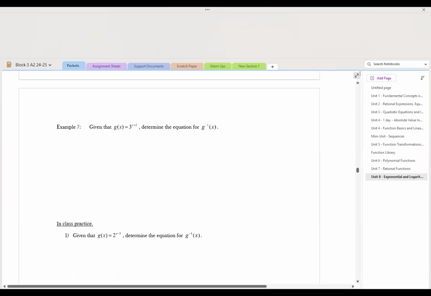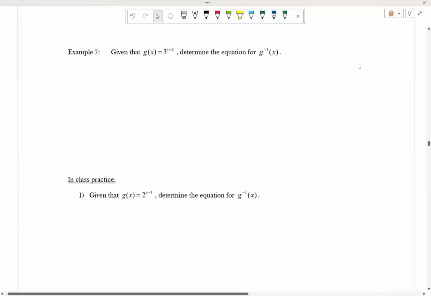Okay, folks, one last one. One last problem. Let's do example 7 so I can come back to the homework.